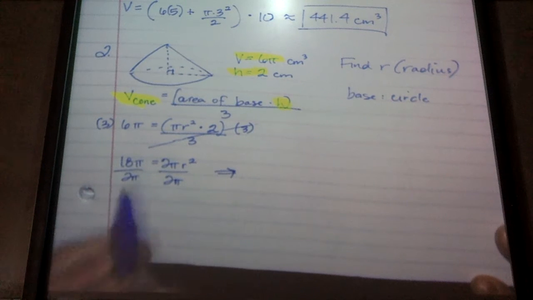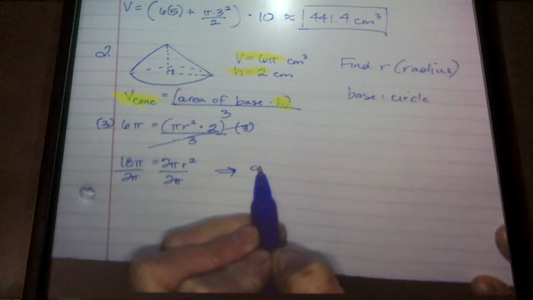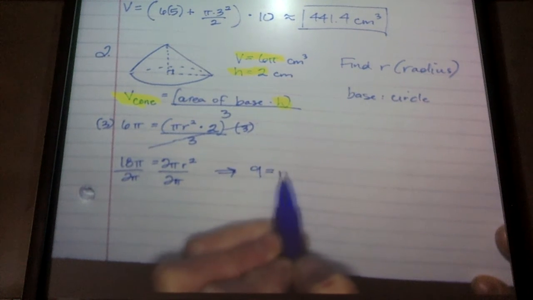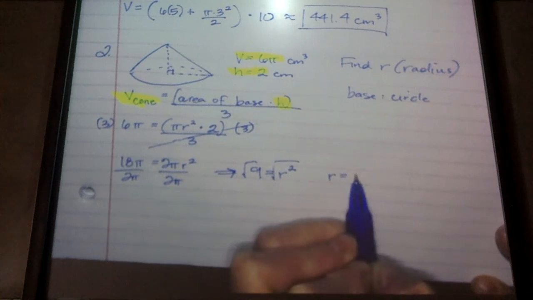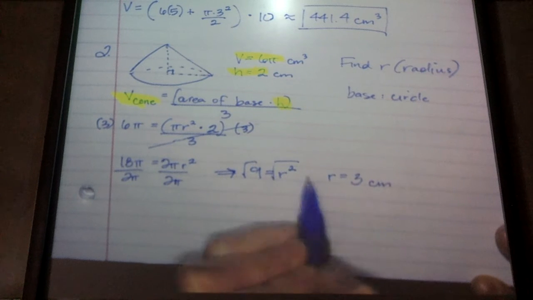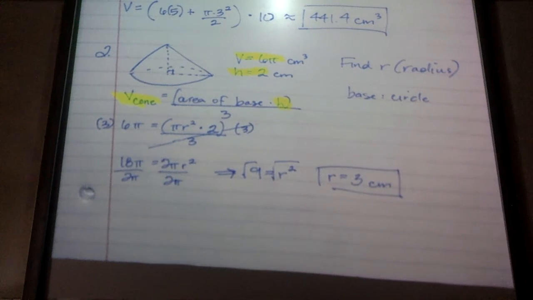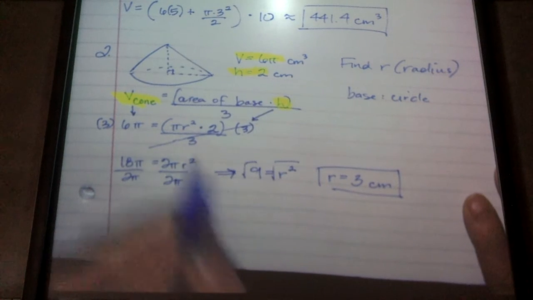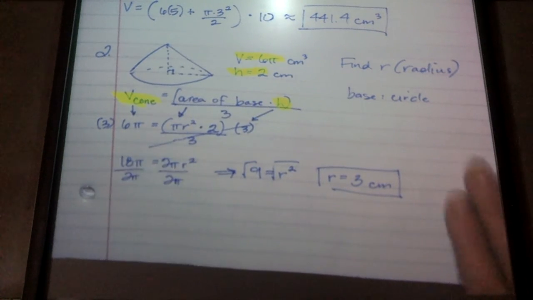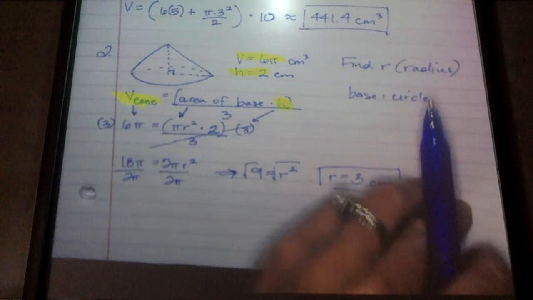The pi cancels, and I'm left with 9 equals my radius squared, take the square root, and my radius equals 3, and we're talking about centimeters. Okay, so I filled in the information they gave me into each spot. Okay, next one.